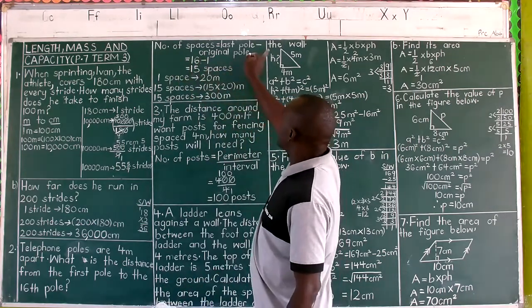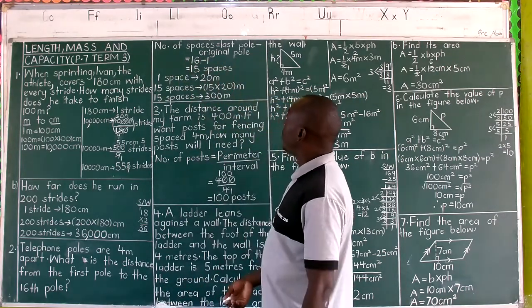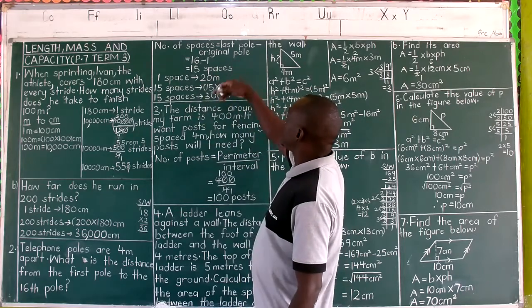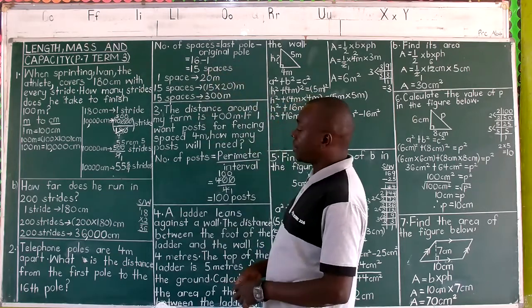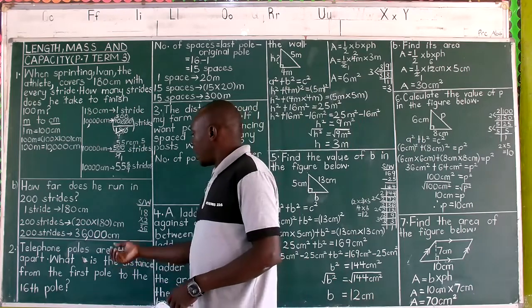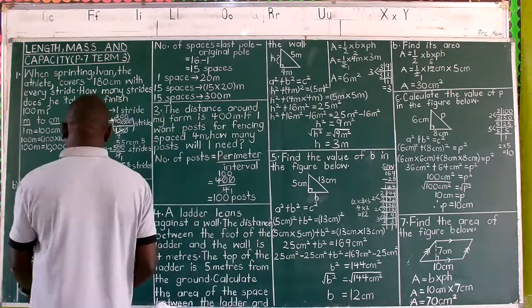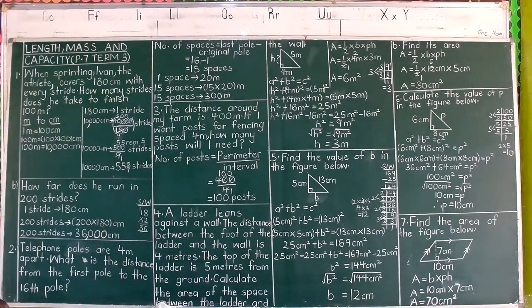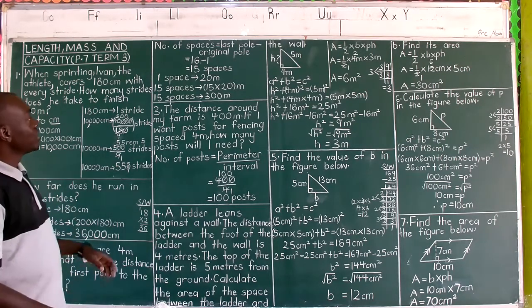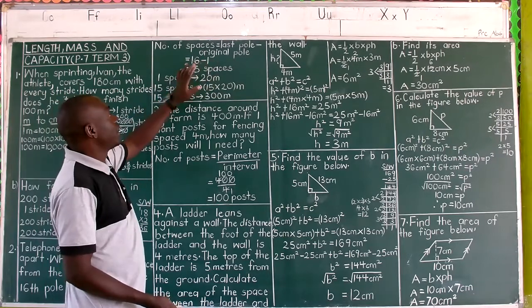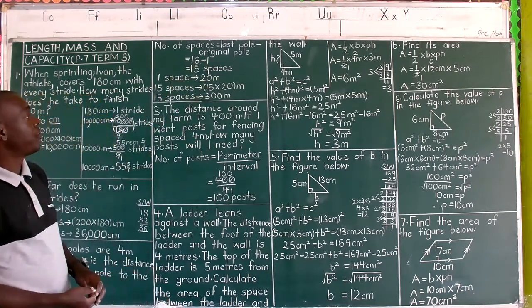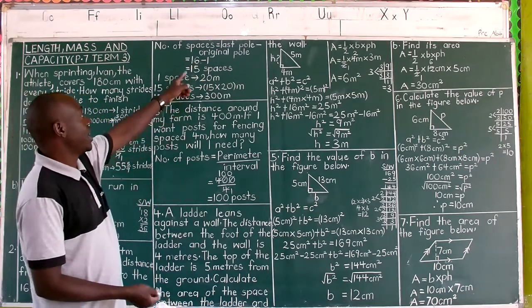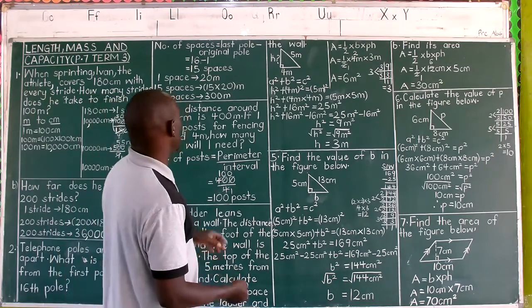Number of spaces is equal to last pole position minus original pole position. So the last pole here is positioned at number 16, and the first one, of course, is number 1. So 16 minus 1. So how many spaces each of 4 meters? There are 15 spaces.